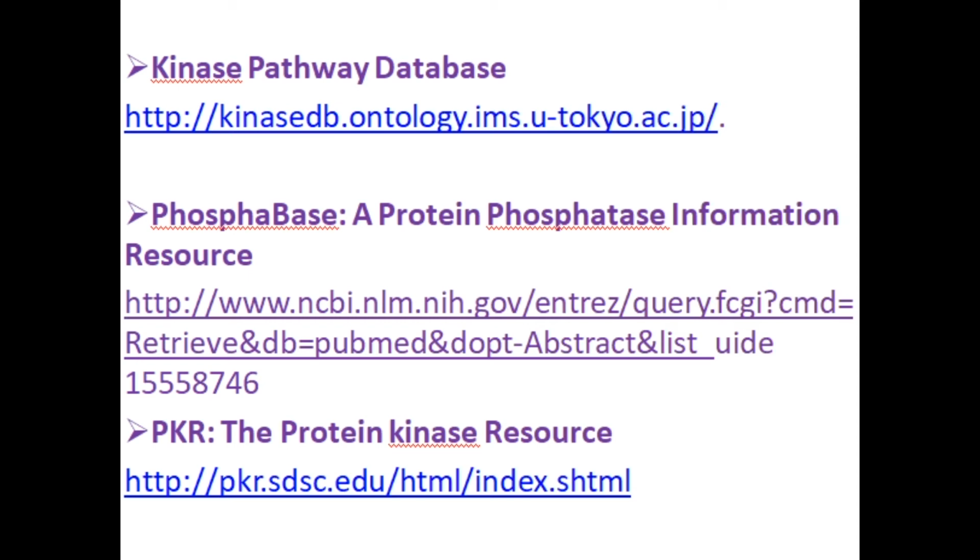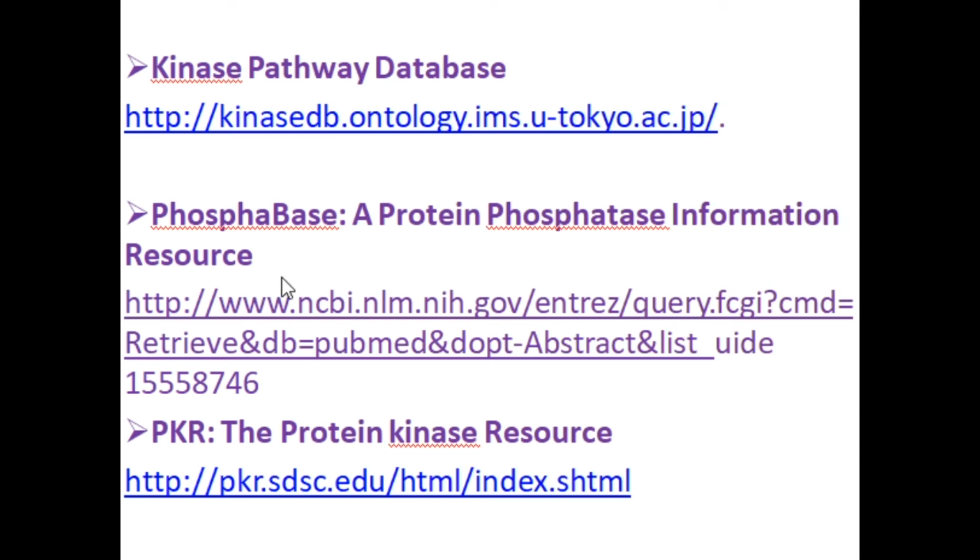The protein, gene and compound interactions are automatically extracted from abstracts by NLP, Natural Language Processing. It is reached through the kinase pathway database address.